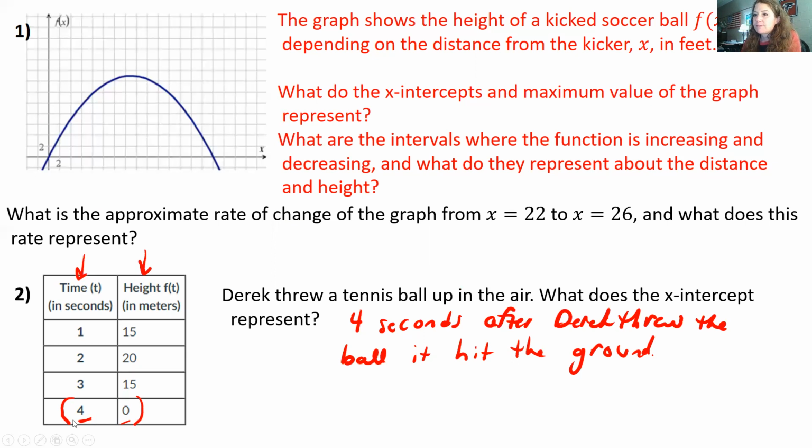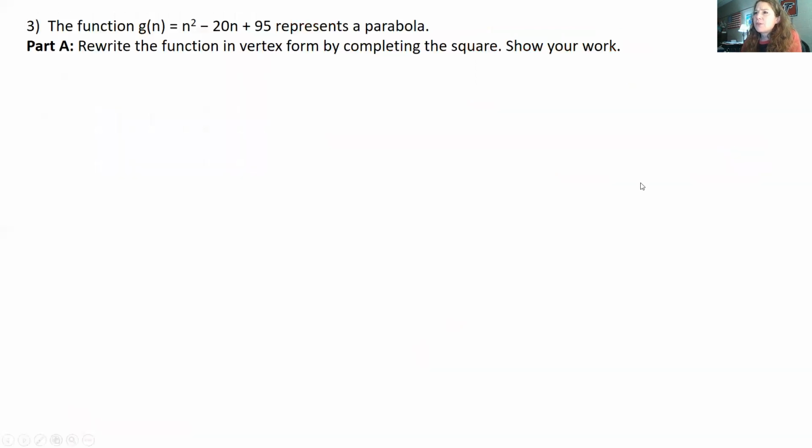That's what it means. All right, number 3, the function g of n is equal to n squared minus 20n plus 95 represents a parabola. Rewrite the function in vertex form by completing the square. So do you guys remember how to write in vertex form?